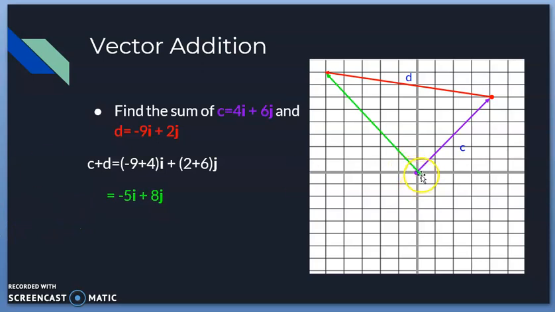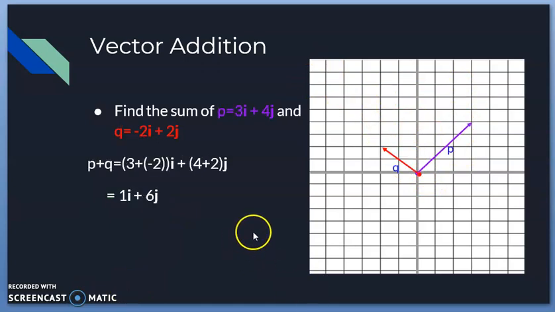But visually, if we look at the vector here, we form a triangle based around these two vectors because the terminal point of vector c is the initial point for vector d. So knowing this, we can draw this green vector of negative 5i plus 8j here to represent the addition of c and d.